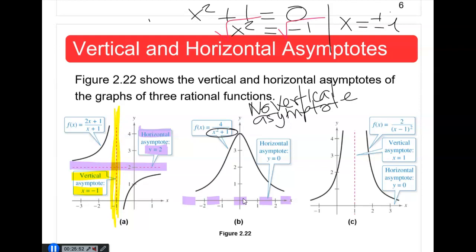And then we have here the vertical asymptote x equals 1. And so is this one here. I'm going to highlight it. And then we have the horizontal asymptote at y equals 0.